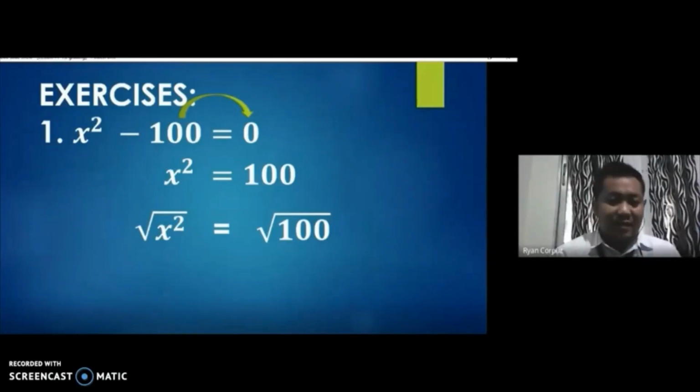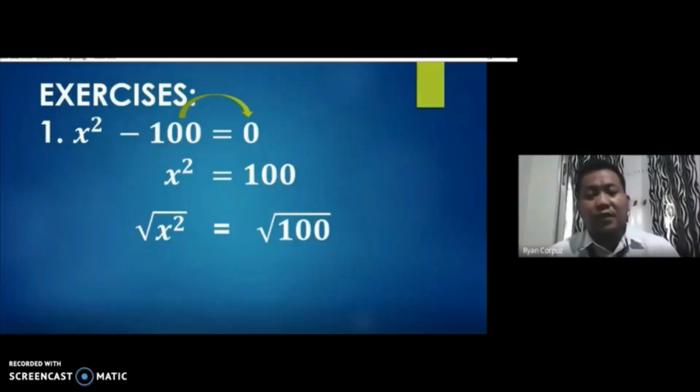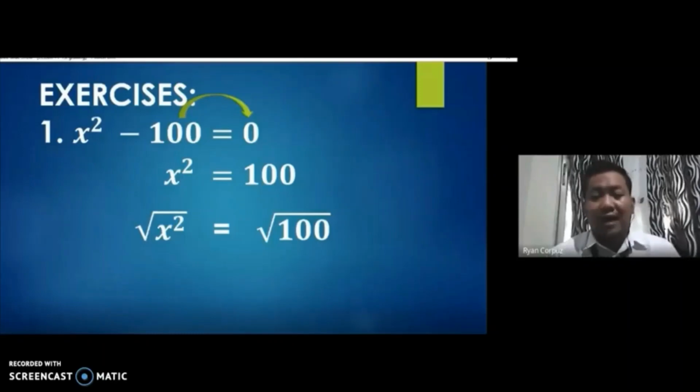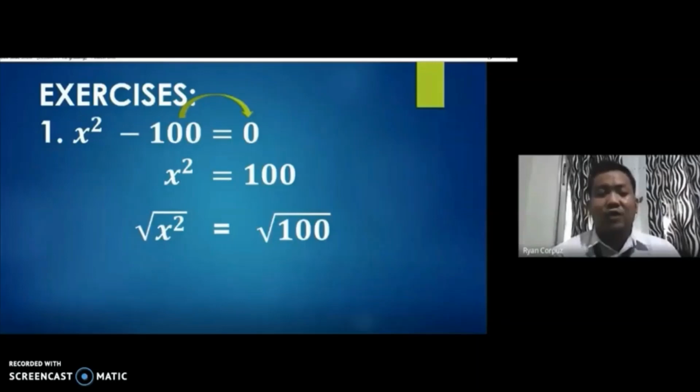The square root of x squared is equal to x, because it's just like we cancel out the square root sign and the 2. Then the square root of 100 is 10. We know that the square root of 100 is 10.